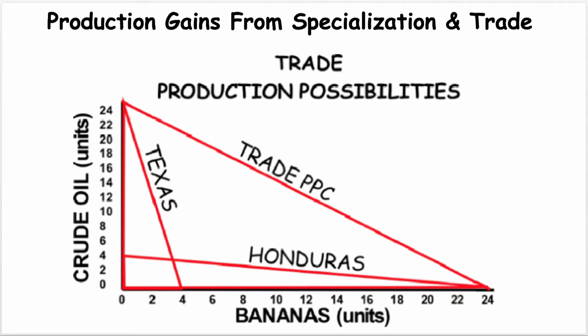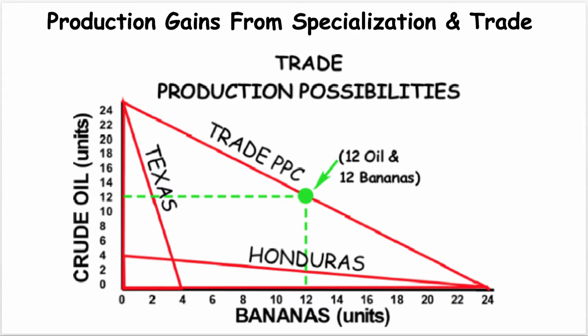And now the 2 countries can trade with each other, and they can choose any point along that trade production possibilities curve. So let's say that Honduras trades half of their banana production to Texas for half of its oil production.